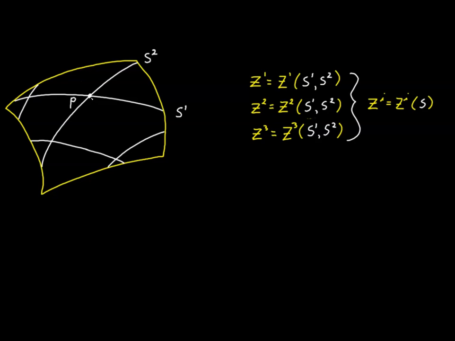We'll have a position vector pointing to point P here. We'll call it vector R, as we have in the past. And it's a position vector that originates somewhere out here in the ambient space. Now, if you remember what these coordinate lines are, if we hold S2 constant and vary only S1, then our position vector is going to trace out this coordinate line.